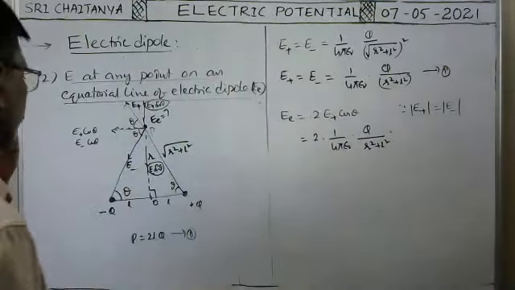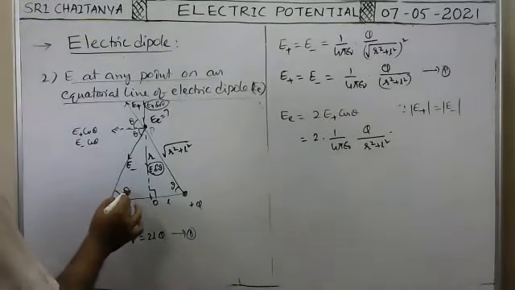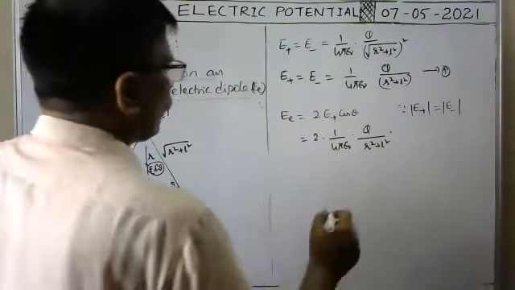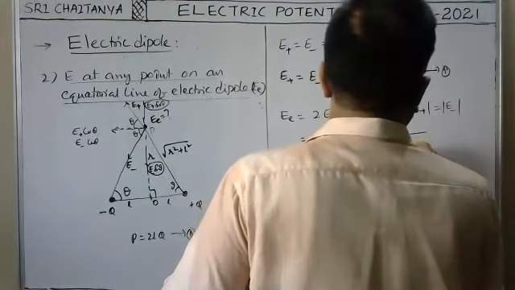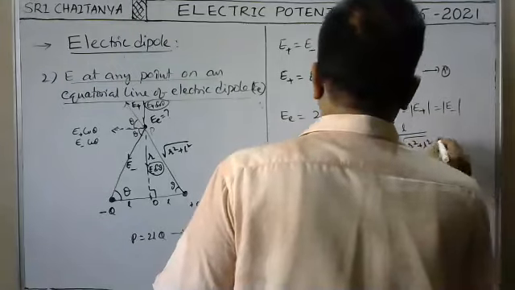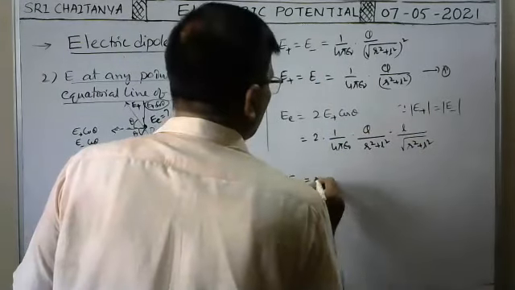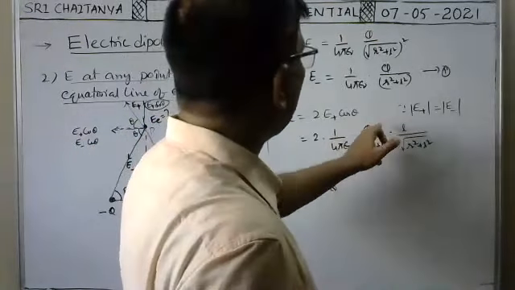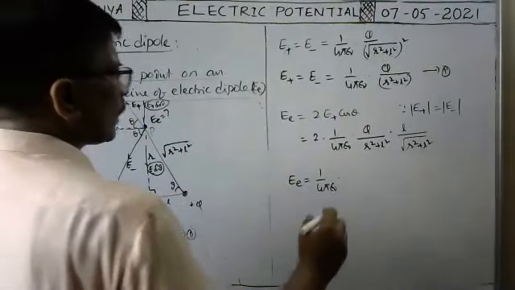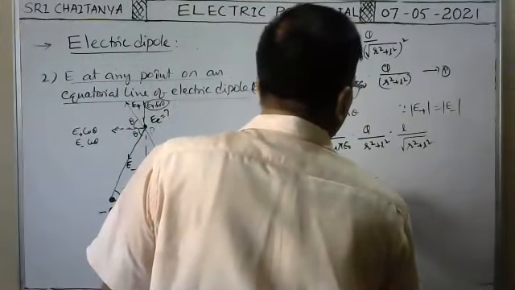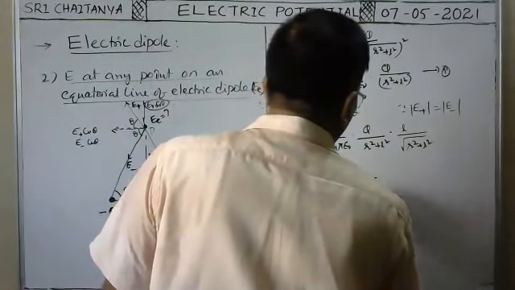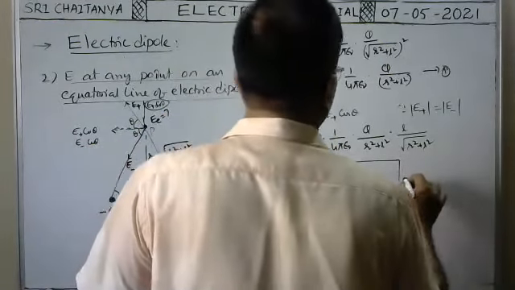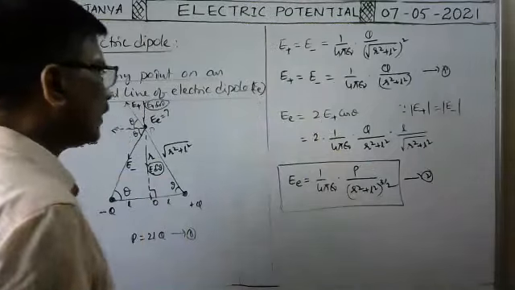From the diagram, cos theta is equal to L by the hypotenuse, L by square root of r square plus l square. Therefore, E is equal to 1 by 4 pi epsilon naught into 2L into Q, which can be written as P, so P by (r square plus L square) whole to the power of 3 by 2. This is the formula for the intensity of the electric field at any point on the equatorial line.